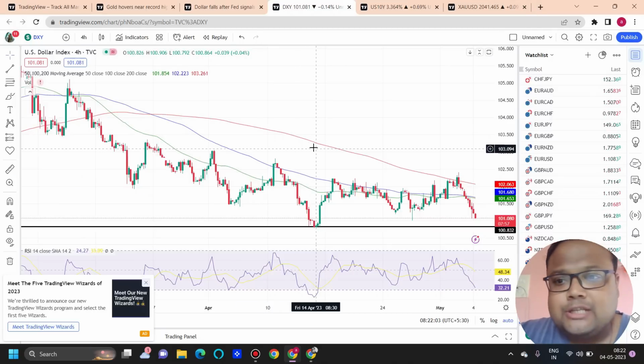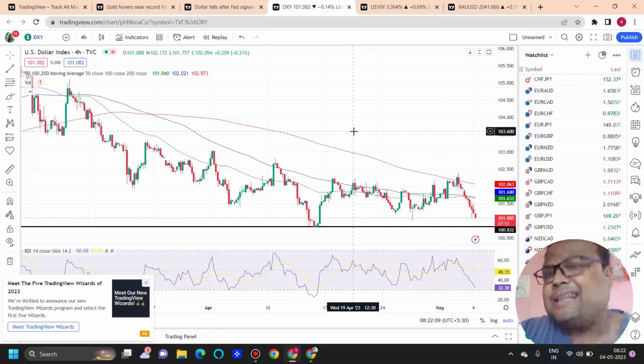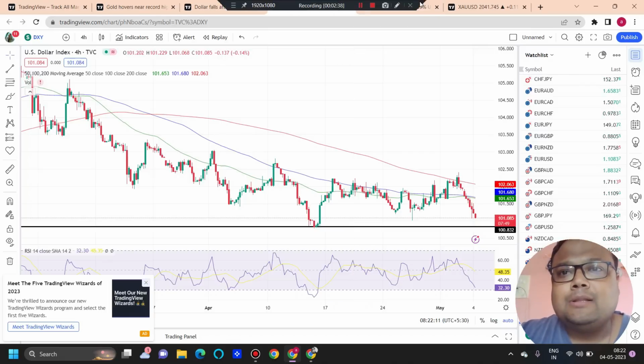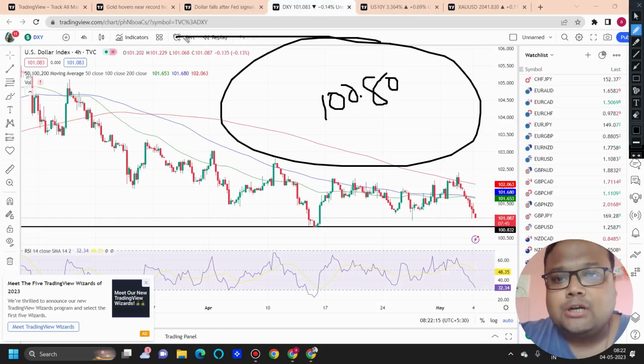This is the chart of DXY, and DXY is also heading towards the critical support, or last line of defense, that is 100.80. This is the last support on the chart of DXY. If DXY breaks this support level, then things will be very critical for DXY, and it will be heading towards double digits, that means 99 point something levels.